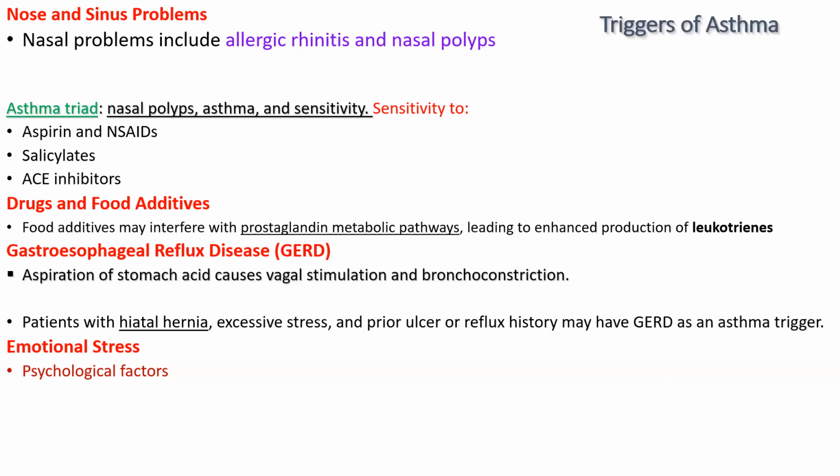The sinus problems are usually related to the inflammation of the mucous membranes. The asthma triad, which is nasal polyps, asthma, and sensitivity: some patients have sensitivity to aspirin and NSAIDs, so they will have wheezing, and that wheeze will develop in about 2 hours from the ingestion of these medications.